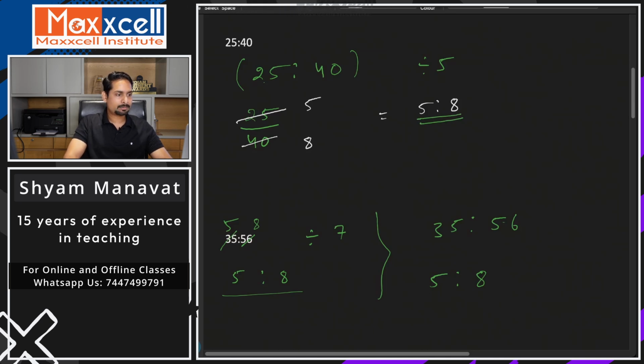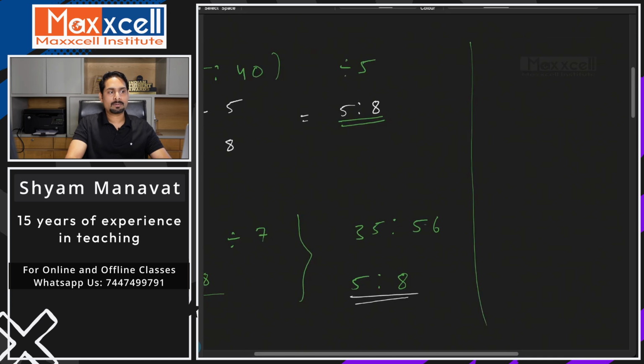So what I am trying to make you understand is that if there are two unknown values which are in the ratio of 5:8, can you say anything about their values? As in, can you say A is 25 and B is 40, or A is 35 and B is 56? Not necessary.